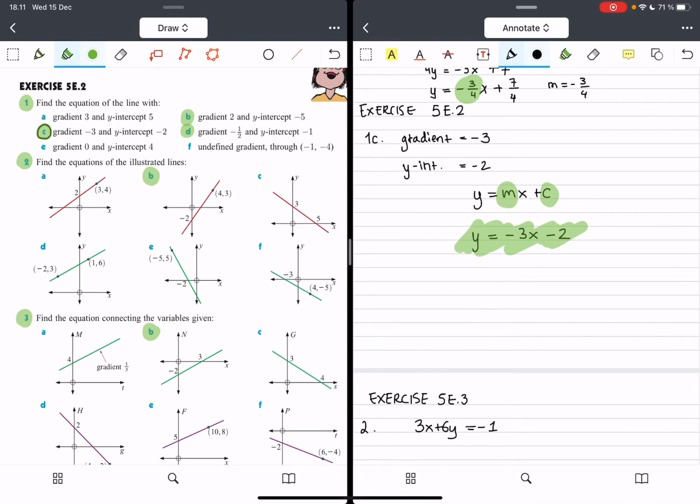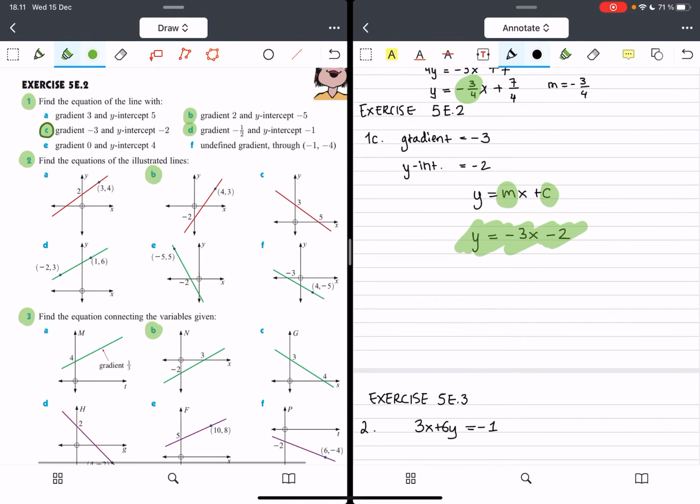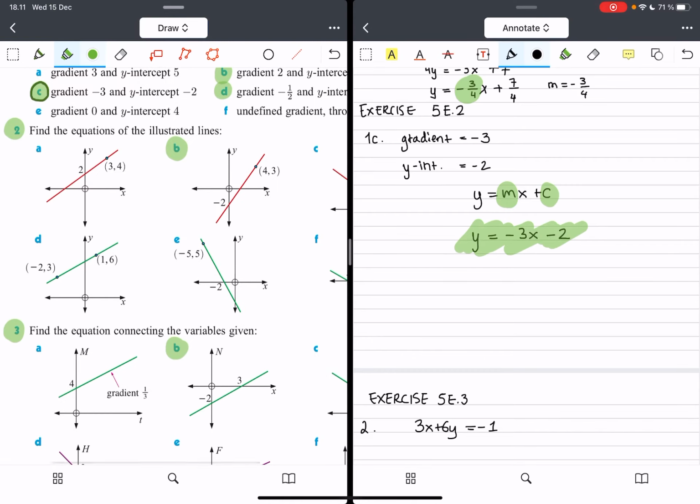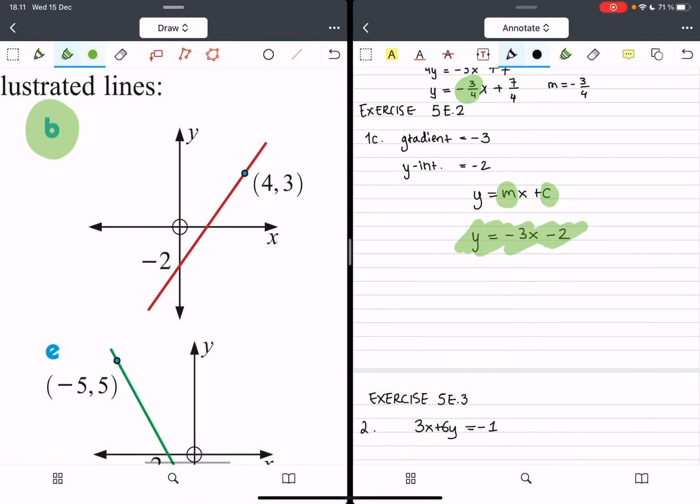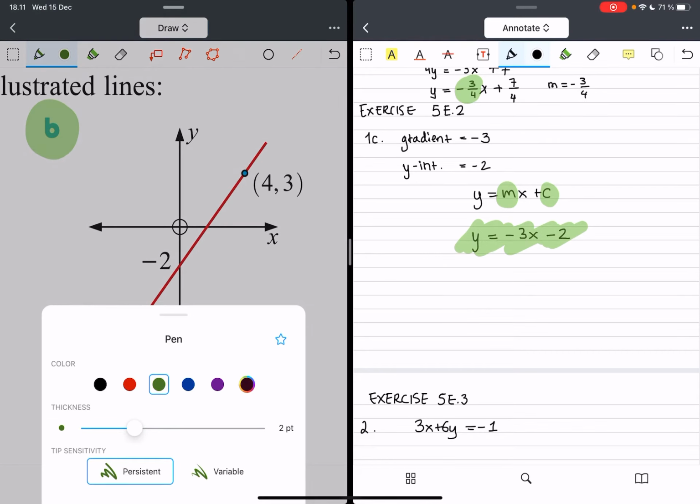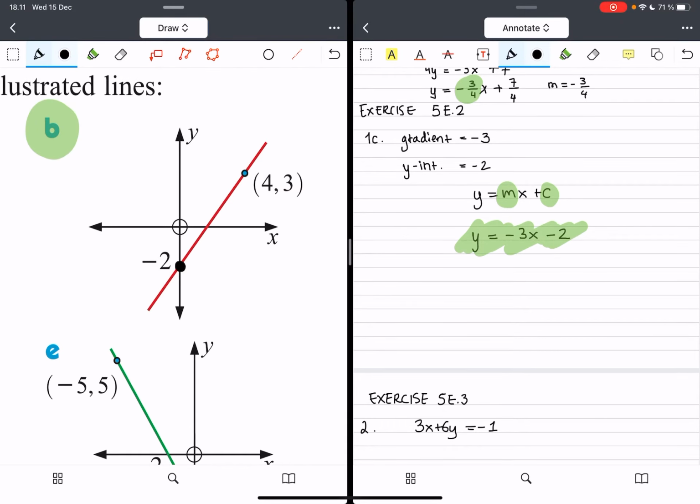On question 2, you're asked to find equations of the illustrated lines. So let's look at B. You're given one point here and another point there. Even though this point over there is not clear, you can see that because it lies on the y-axis, the x coordinate is 0 and the y coordinate is negative 2.